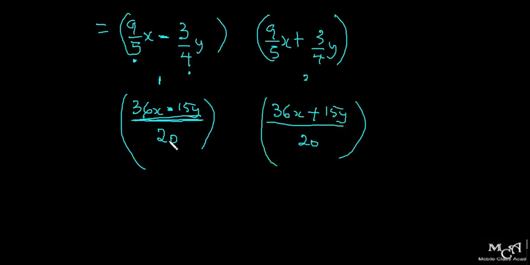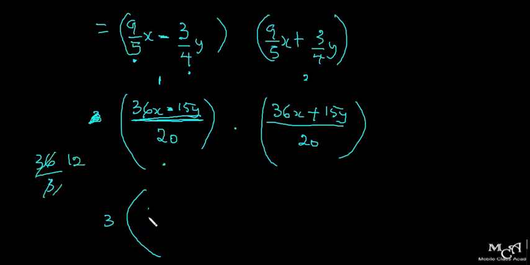15y. At this point in time, let's look for what is common in this bracket. If we look at 36 and 15, their common factor is what? 3, right? So let's put another bracket outside. If we take out 3 from here, 36 divided by 3: 3 goes in 36 twelve times.